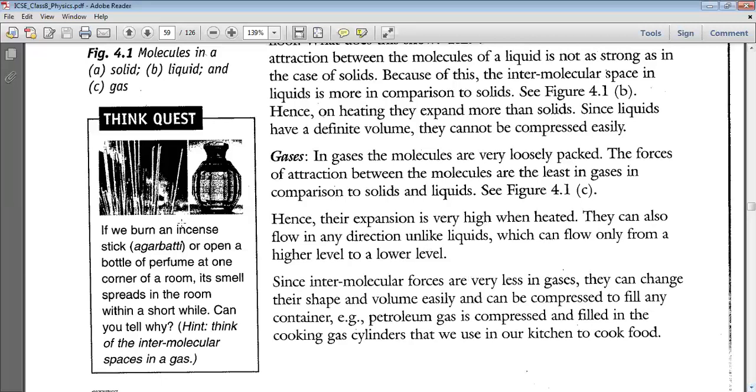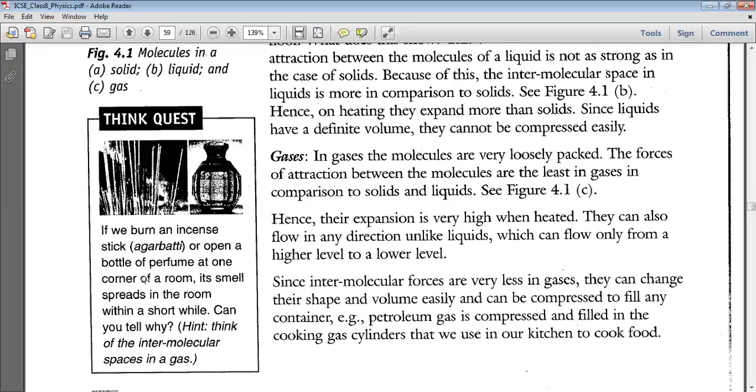Now there's an interesting question over here. Very interesting. If we burn an incense stick, that is agarbatti, or open a bottle of perfume at one corner of a room, you will see that within a few minutes, the smell of the perfume spreads to all corners of the room. Why is it so?